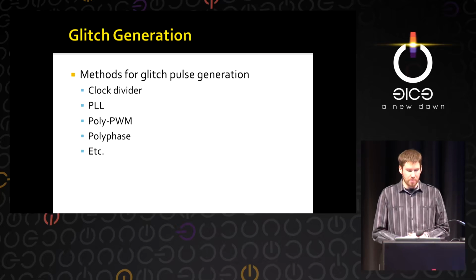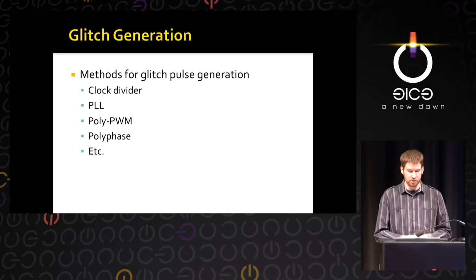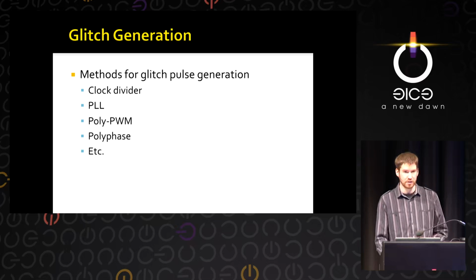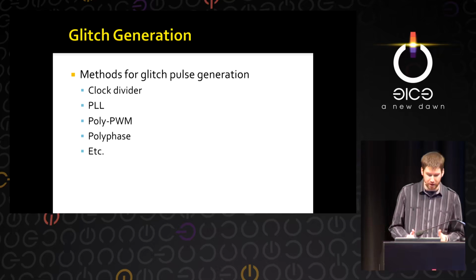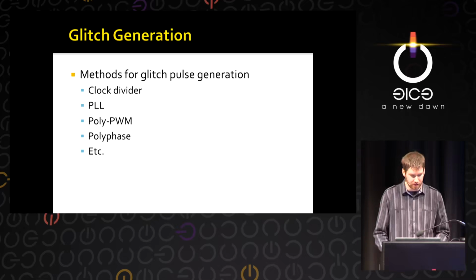So back to electrical glitching. Where do you get started? How do you generate glitches? When you're making these glitch pulses that you're sending into the chip, either on the clock lines or the power lines, here are 4 methods that I basically came up with, and some of you are probably really smart and can think of other ideas, but these are the ones that I could think of.